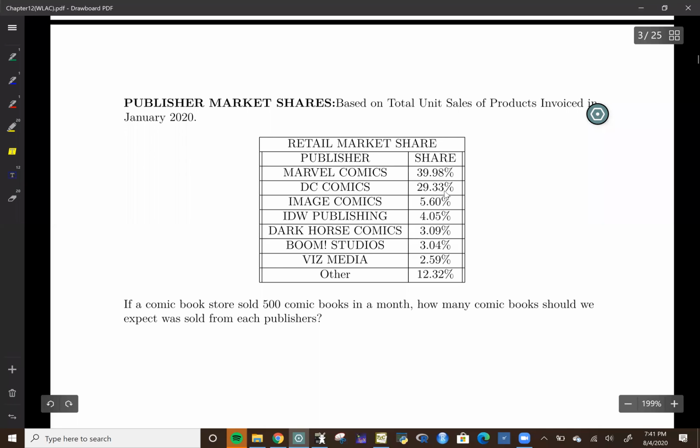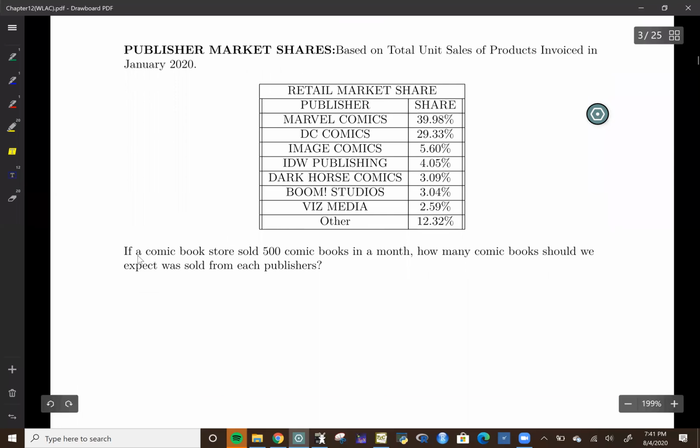The problem says: if a comic book store sold 500 comic books in a month, how many comic books should we expect were sold from each publisher? We're gonna say this is publisher 1, 2, 3, 4, 5, 6, 7, and 8.